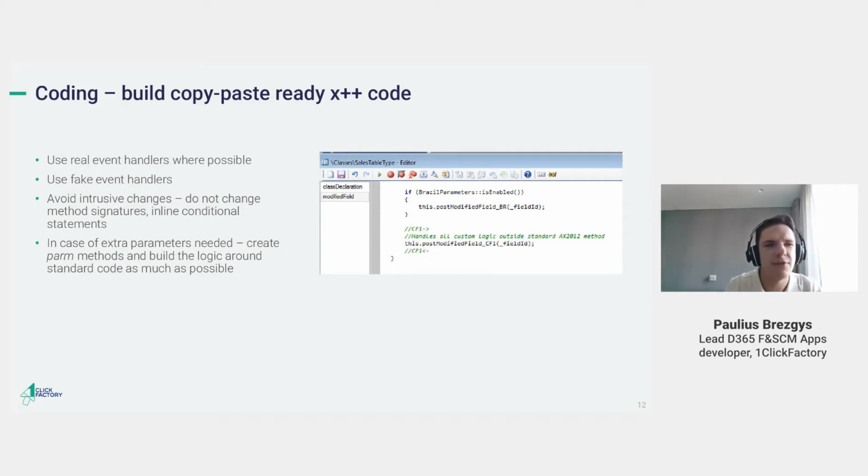You can achieve something similar already in Dynamics AX by using fake methods, as we call them. You can create a fake method, as I have in this sample, and have all of your logic in that fake method. In Dynamics 365, it will be easy to just copy the code from your fake handler into the real event handler, and you're good to go.